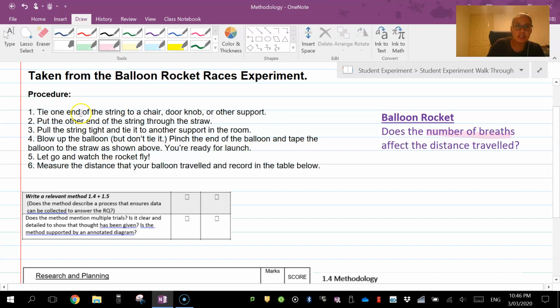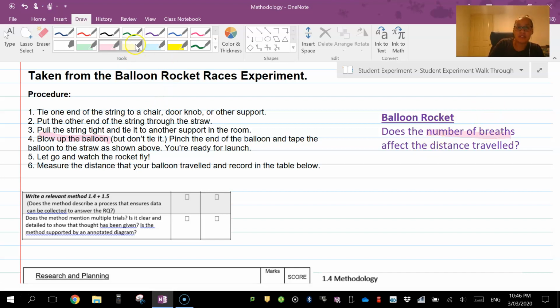So in the experiment here, it says blow up the balloon, but it doesn't say by how many breaths. So this is what we mean by specific and relevant. It really should be showing you by 1 breath, and then repeat this experiment with 2 breaths, then 3 breaths, so that you're showing that you are relating relevant to the research question to allow you to collect the appropriate data to answer this question.